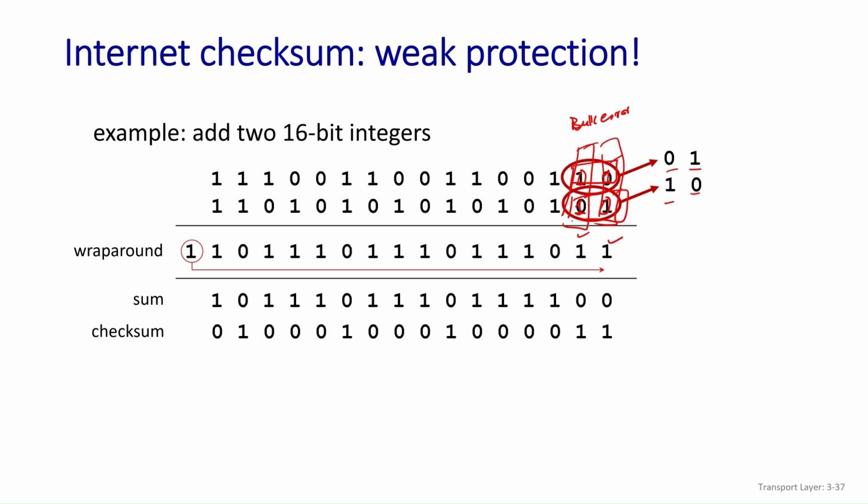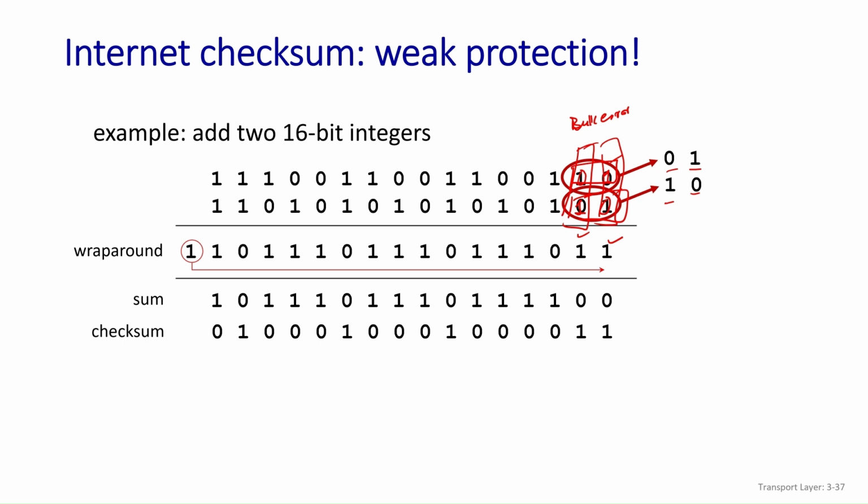Whenever an error changes more than one bit, it is known as bulk error. So this weakness is because of bulk error, and this is a special case where the bits at the same position in two chunks or integers have changed. Am I clear?